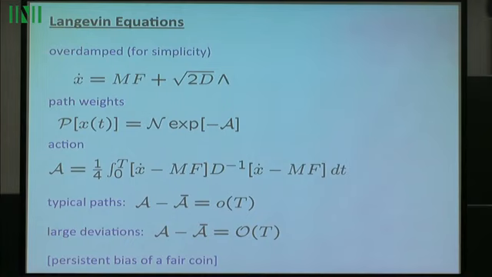Typical paths have values of this probability factor here, this action, which are close to the extremum, if you like, the most likely path. And untypical paths have what I will call here large deviations. This has a technical meaning, but it's fine for today. Have values of this action which deviate from the most likely path by terms of order T.